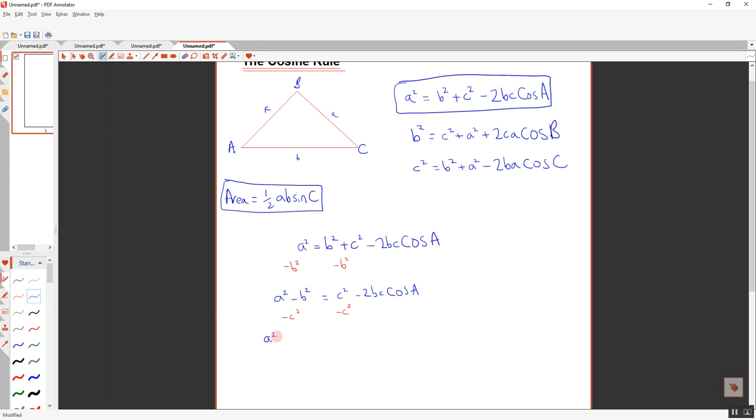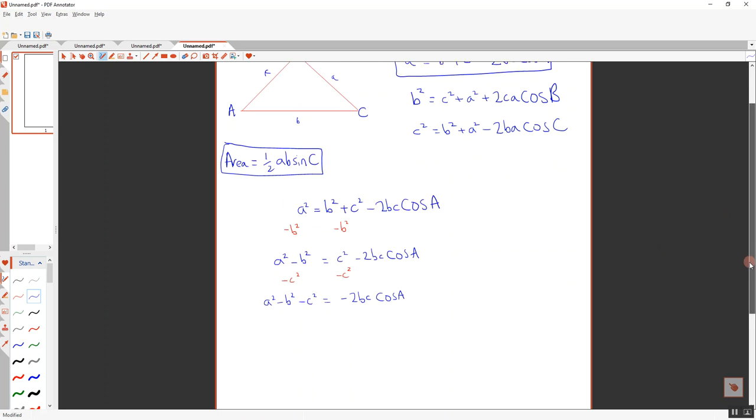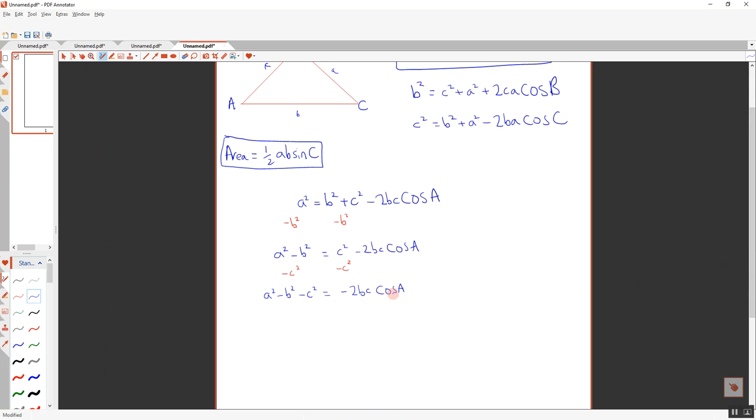So I get a squared minus b squared minus c squared is equal to negative 2bc cos A. Now, what is the negative 2bc doing to the cos A? It's multiplying, so to get rid of it, I'm going to divide both sides by it.